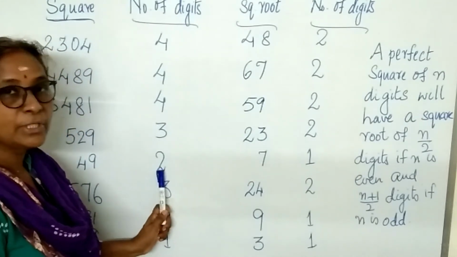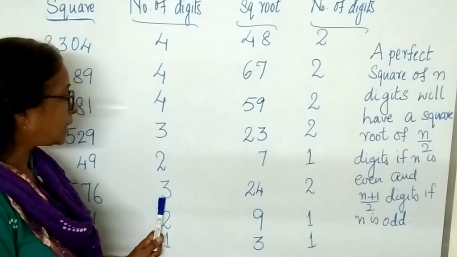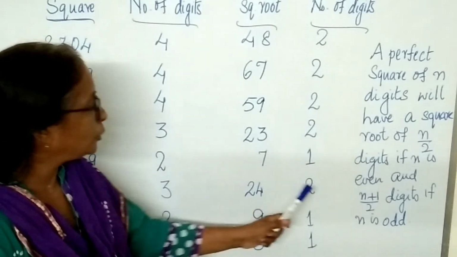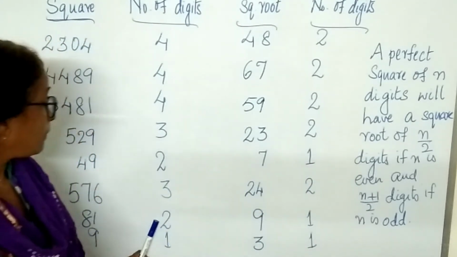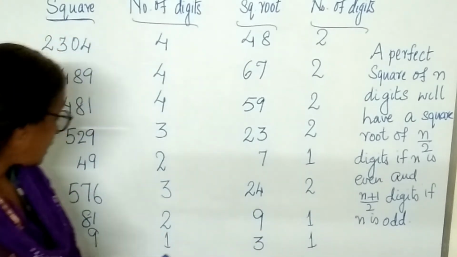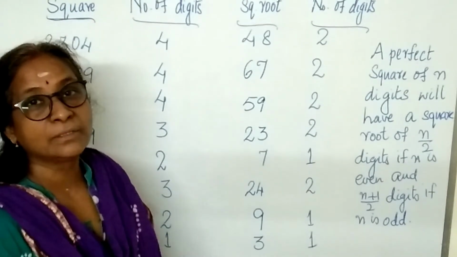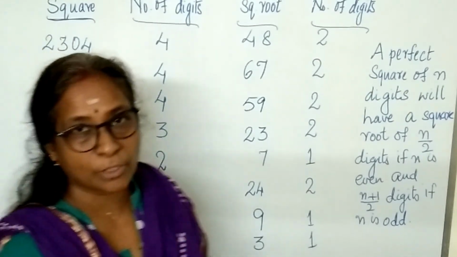Here there are 2 digits, so divide by 2. 2 is an even number. Here again 3. 3 plus 1, 4 upon 2, 2. Here 2 digits are there, so 2 upon 2, 1. Here you have 1 digit. So 1 plus 1, 2 upon 2 is equal to 1.